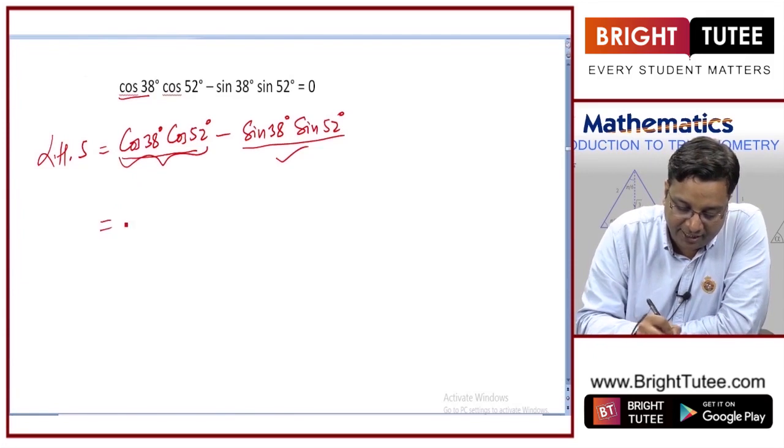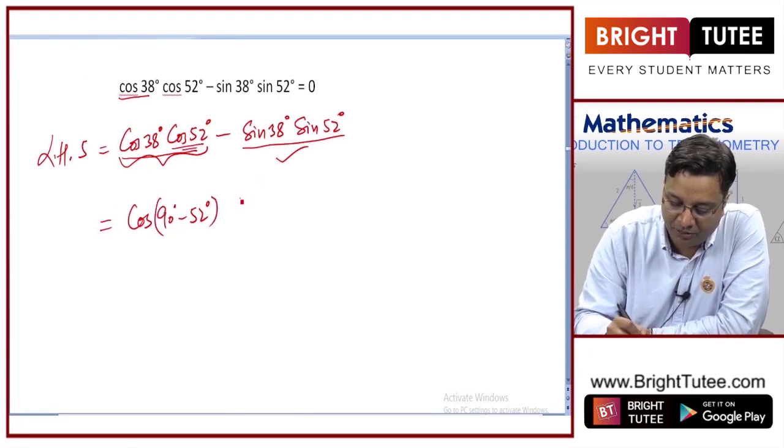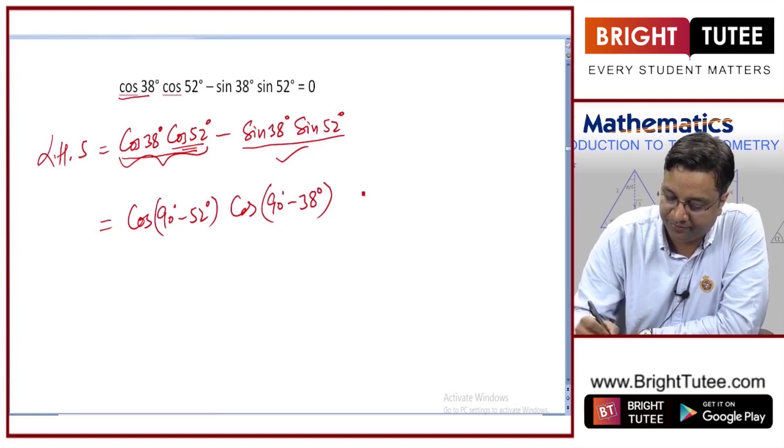So cos 38 can be written as cos 90 minus 52, and cos 52 can be written as cos 90 minus 38, minus sin 38 sin 52.